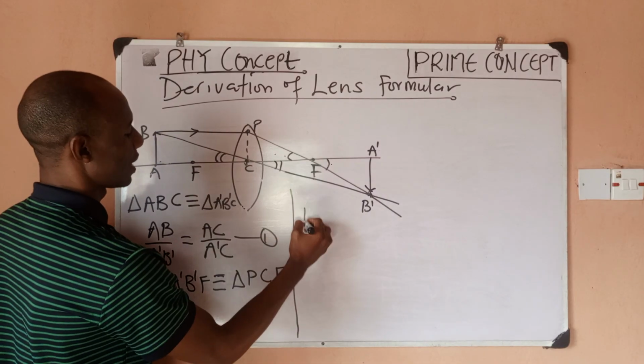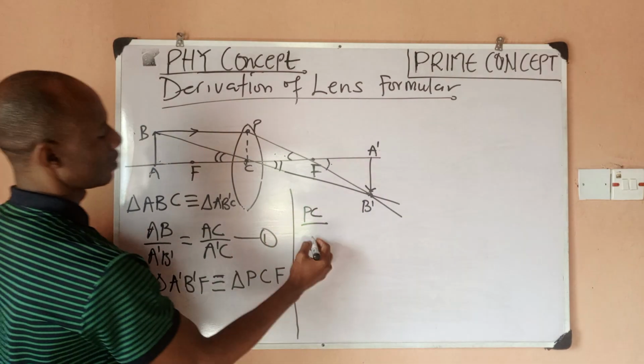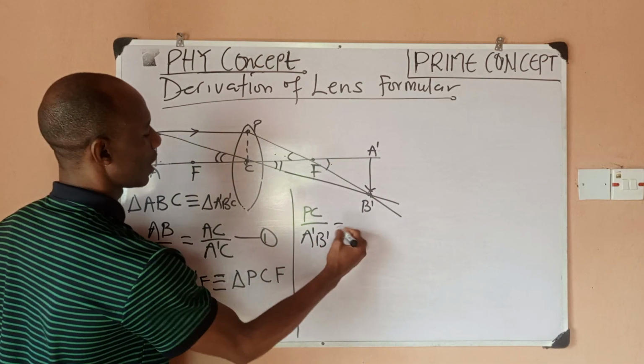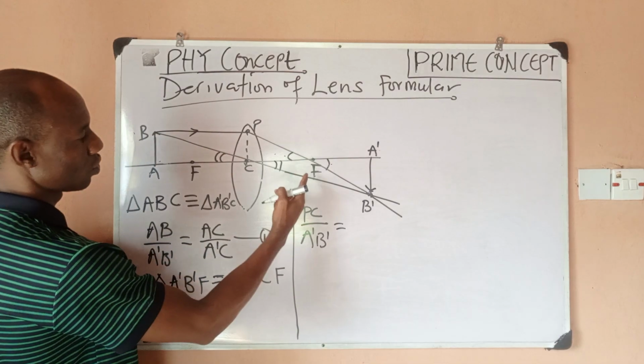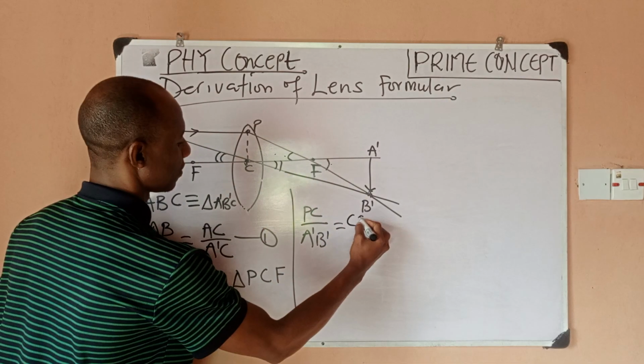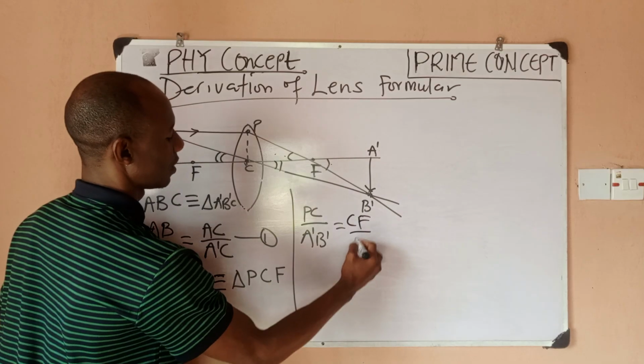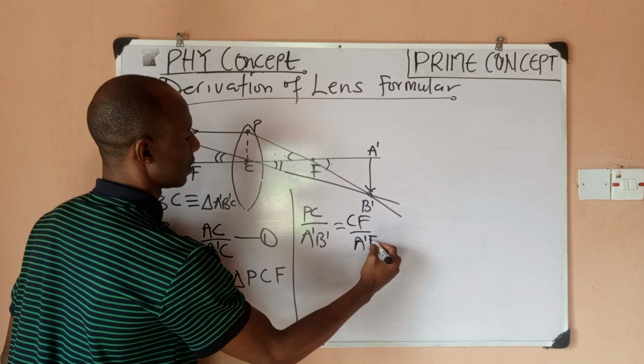So we have that PC ratio A prime B prime is equal to CF ratio A prime F.